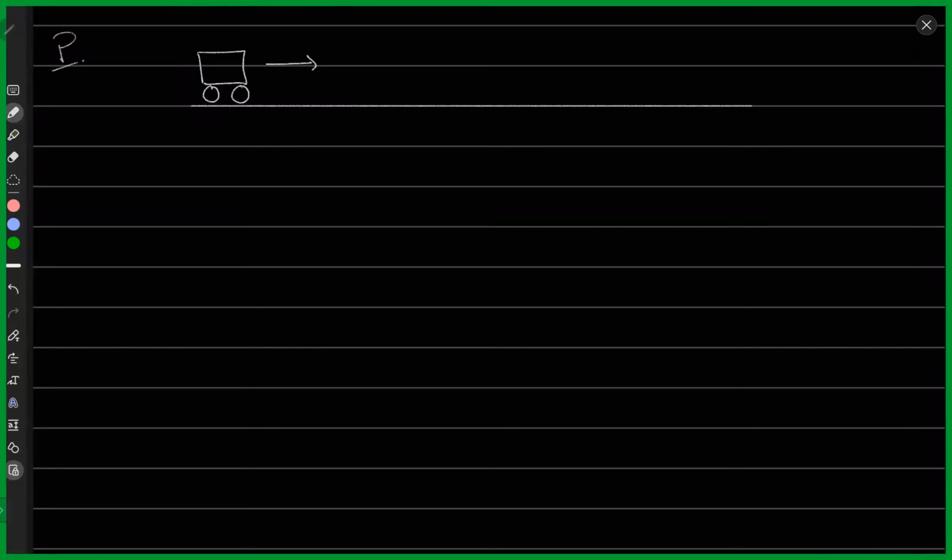Now let's suppose that the distance from the car to this line that you can see is 840 meters. Now we say that the car is moving at some constant speed. So let's suppose that the velocity of this car is 35 meters per second to the right.